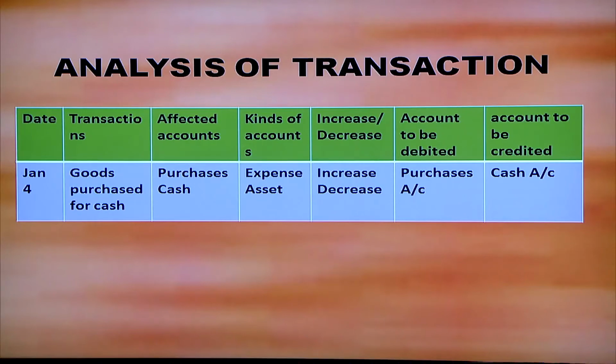So purchases account is debited. Cash is going from the business, so it is decreasing. Cash is an asset account. Rule for asset account, when asset decreases, it will be credited. Therefore, the entry will be in this form, purchases account debit to cash.